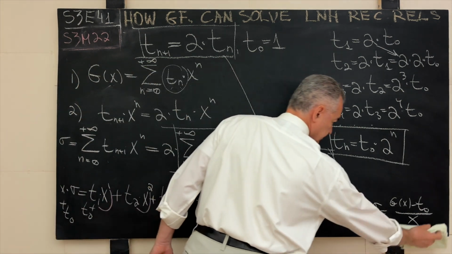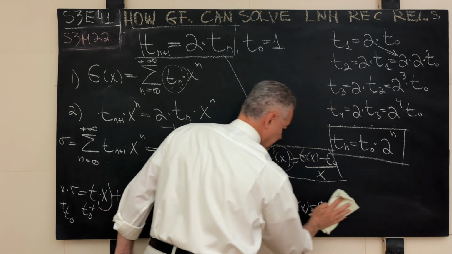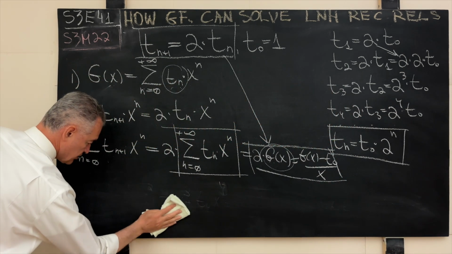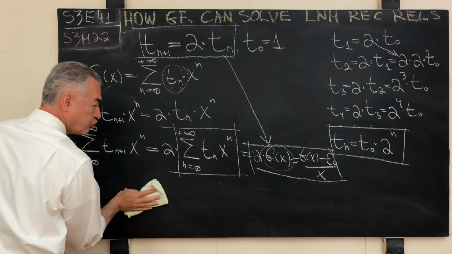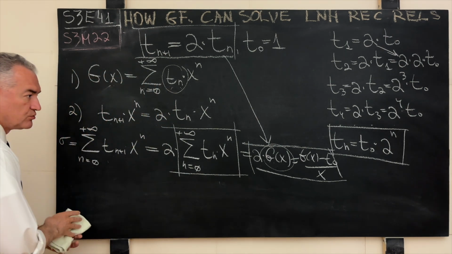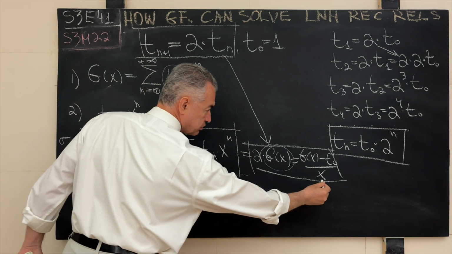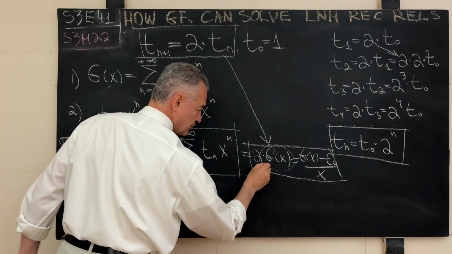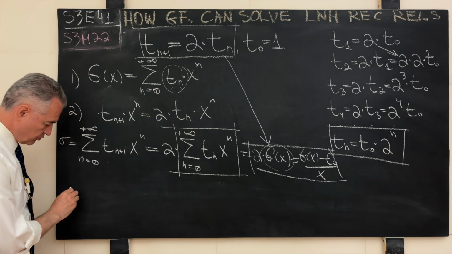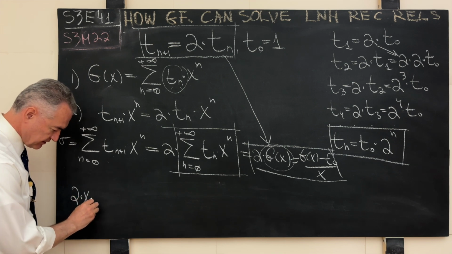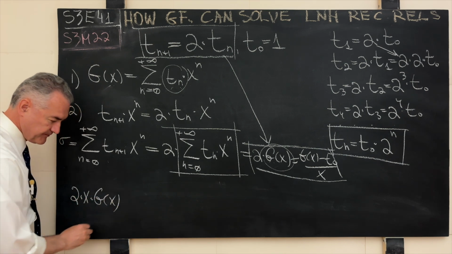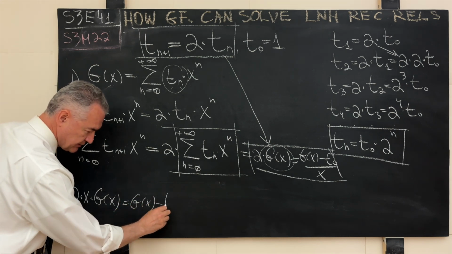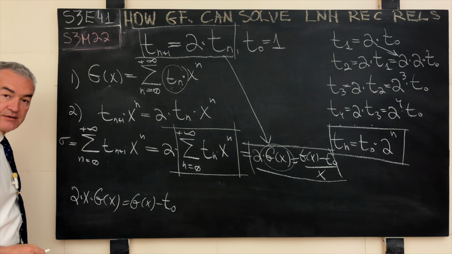I will erase this material here because we will need the room. And now what do we do? Well, we solve the equation that is linear in g of x for g of x. How do we do it? Let's do it this way. Multiply x through, so move x from the denominator of the right hand side to the numerator of the left hand side. So what you will have, 2 times x times our function g of x, is equal to g of x minus t0.